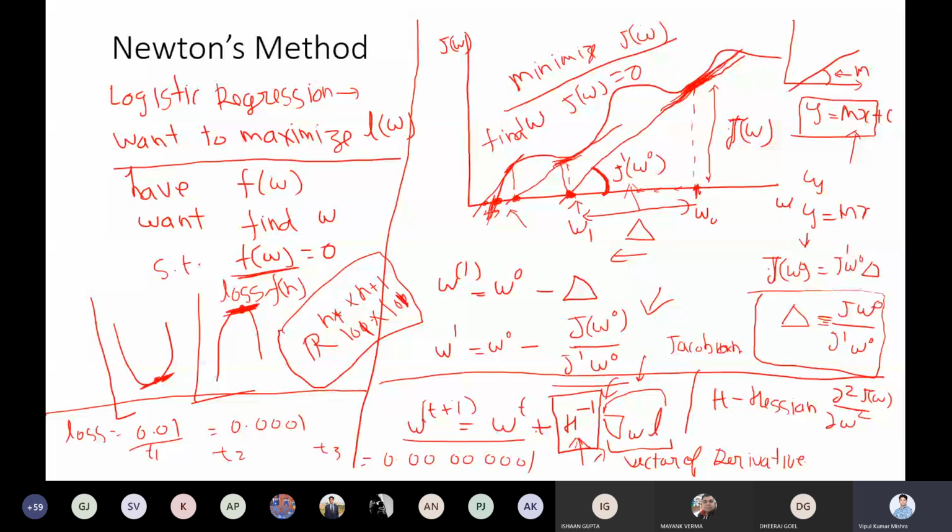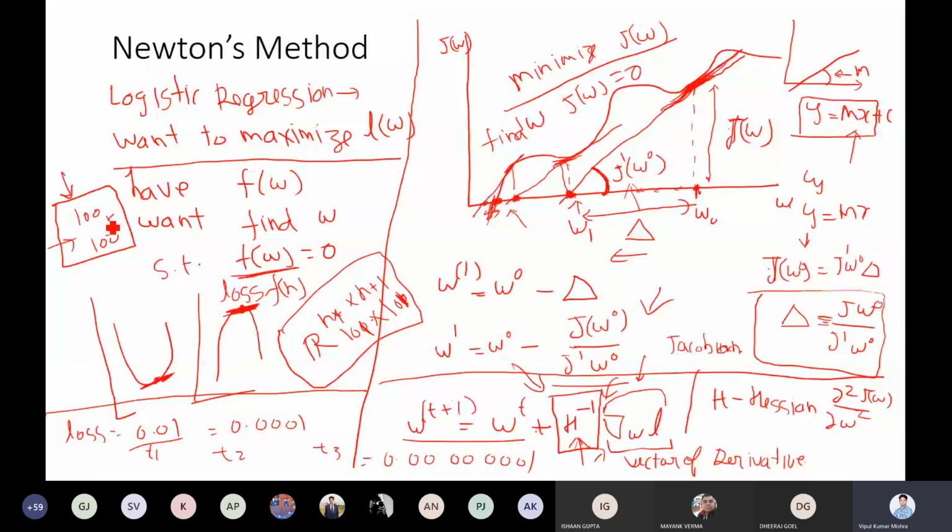If you have more features, then your entire time goes into computing the inverse of the Hessian matrix. That's why Newton's method is used with a small number of features. Why are we not using it in deep learning? There we deal with images, and if the image size is 100 cross 100, then the first layer has 100 cross 100 features, because each pixel is represented by one feature.